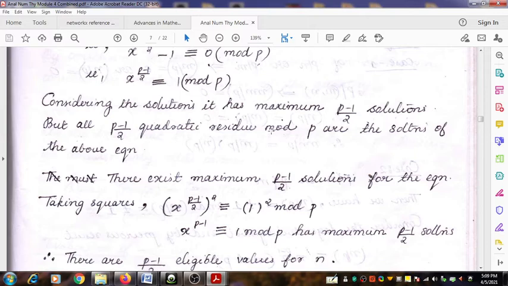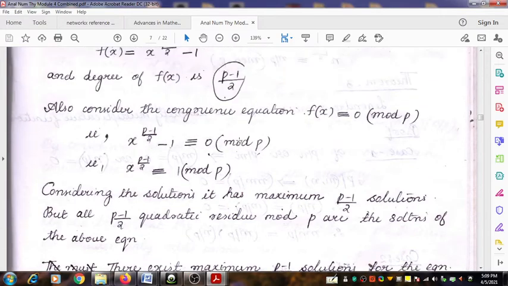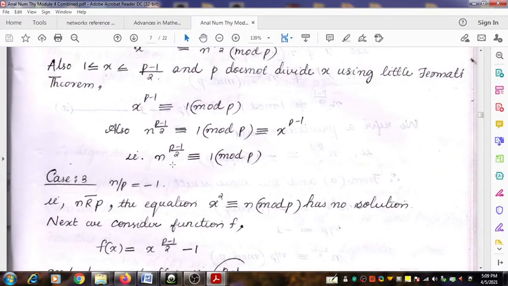But we know that whenever n is a quadratic residue mod p, also you can remember this is an important point, n raised to p minus 1 by 2 is congruent to 1 mod p, as we saw in the previous discussion, in case number 2.